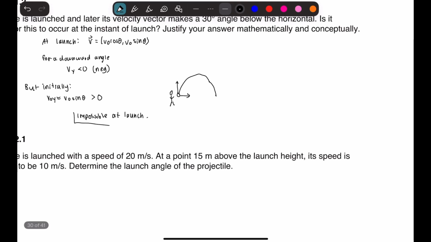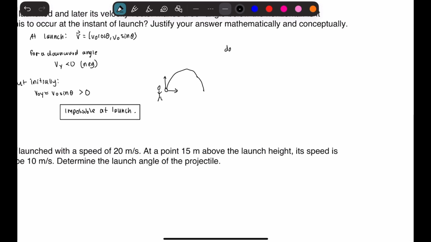So what we know is that downward angles only occur after passing the peak, when gravity reverses the sign of vy.